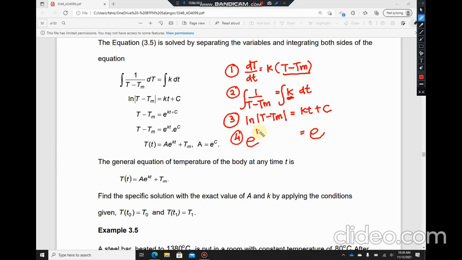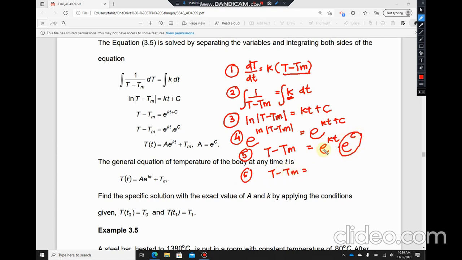So dia akan jadi e^(ln|T - Tm|) = e^(kt + C). Okay, and then step number 5, bila dah jadi exponent ln, dia akan dapat kat sini terus T - Tm. Kat sini, kita pecahkan e^(kt) dot e^C. Okay, step number 6, T - Tm equals to this one.